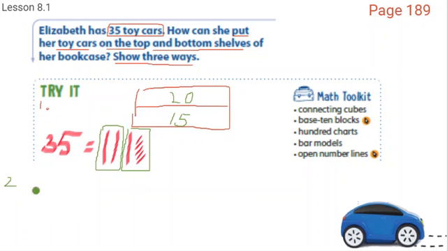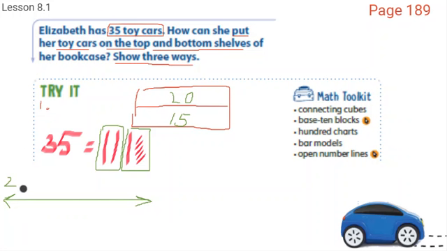Again, we can use that, but let's do it like a number line. I'm going to change my colors to put some numbers down here so you can see it better. I know I have a total of 35.